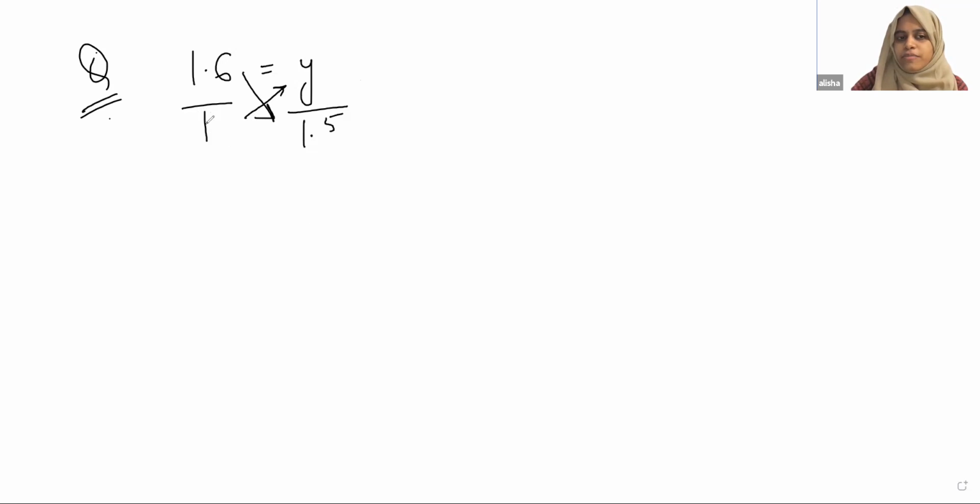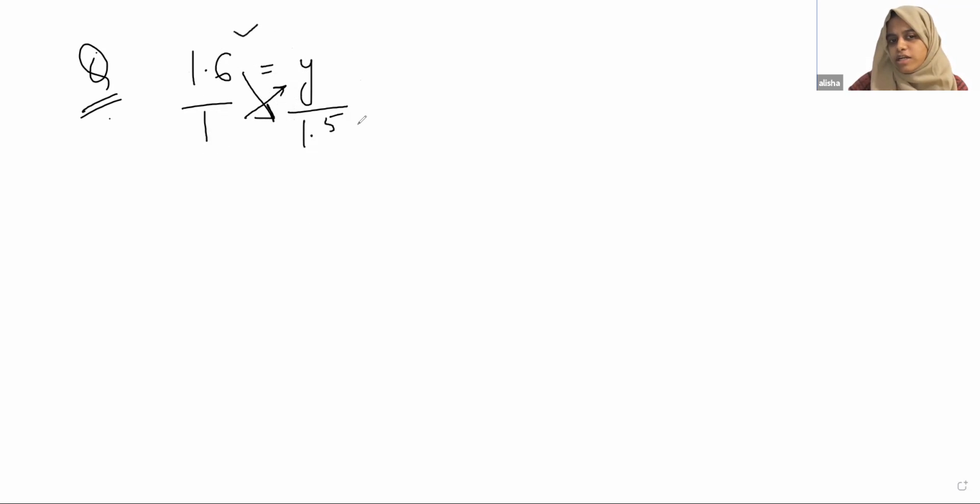This one is present in the denominator, in division form. Whenever it goes to the other side, it will change its sign to multiplication form. Right or wrong? Yes. Since there is no sign over here, we just cross multiply.